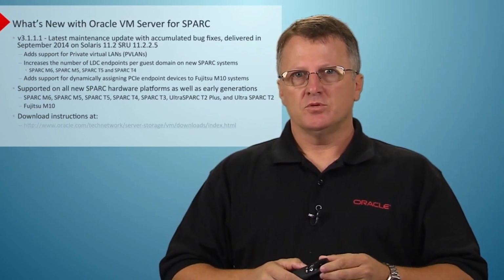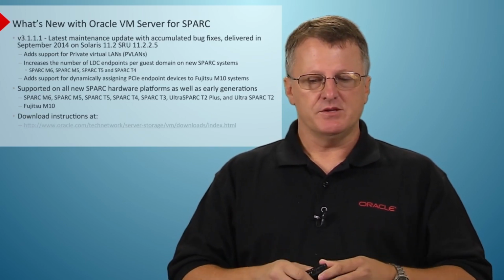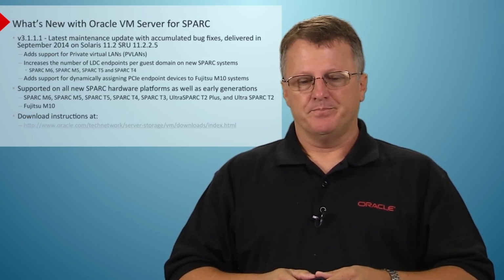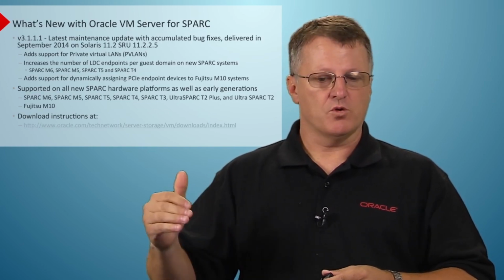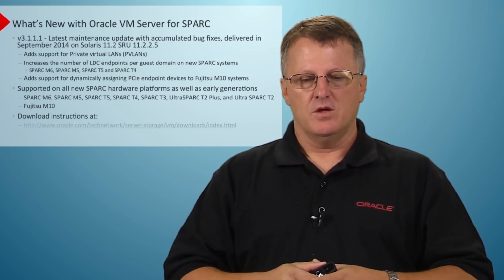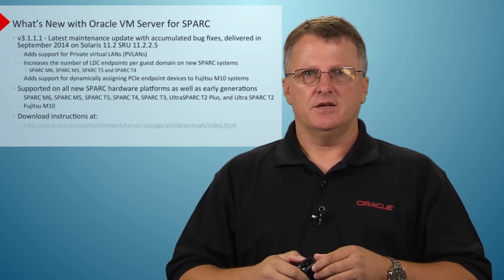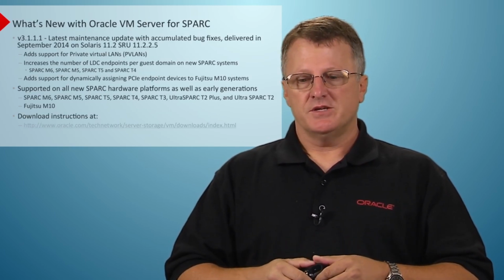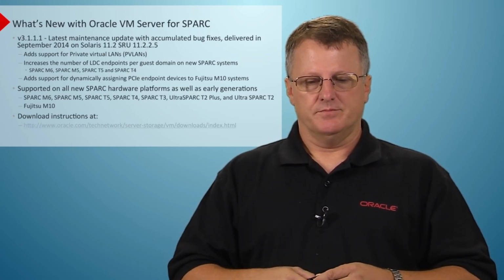We have increased the number of logical domain channel endpoints, or LDCs, per guest by more than doubling. And this is available on platforms beginning with SPARC T4 up to the latest SPARC M6 platform. We also added the ability to dynamically assign PCI plug-in devices, and this is available on Fujitsu M10 systems.